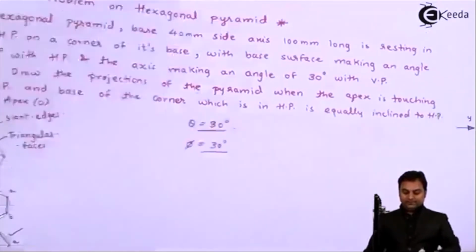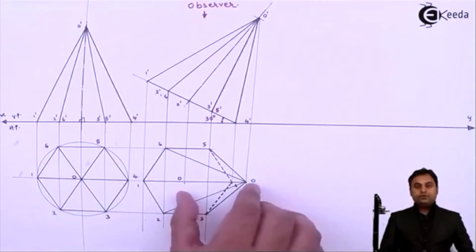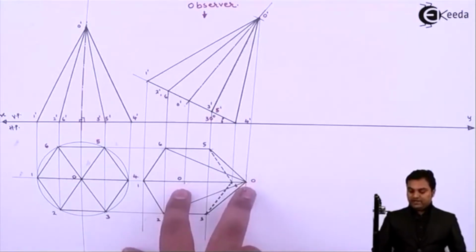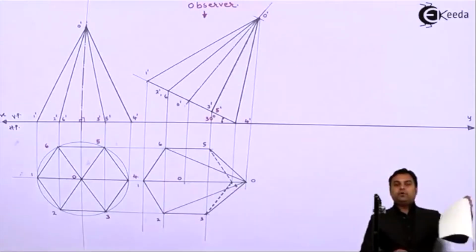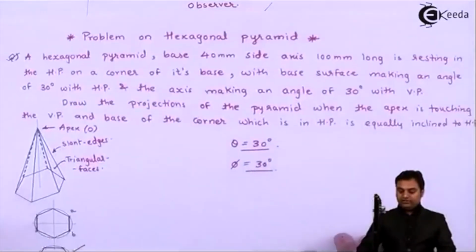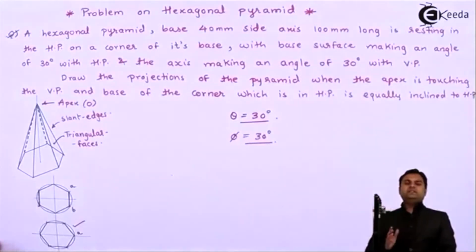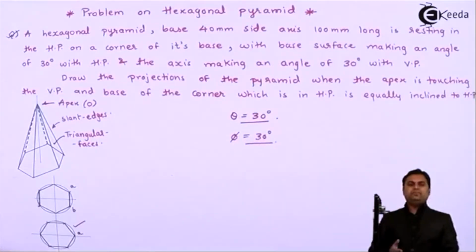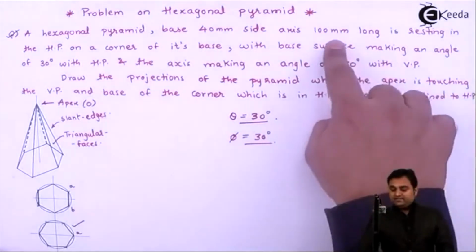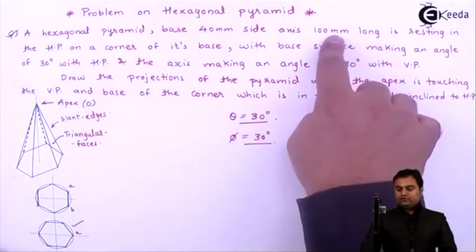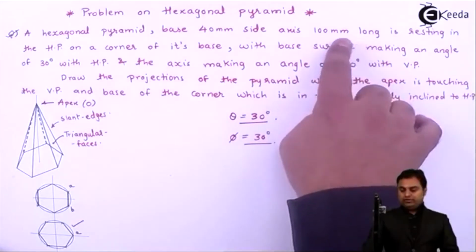So we have to make this axis, which is OO in the top view, inclined. But here in this problem, they have given the inclination of the axis as 30 degree with VP. This inclination is the true inclination, meaning it is for an axis length of 100 mm. Whatever inclinations are given, they are for the original length or the true length.